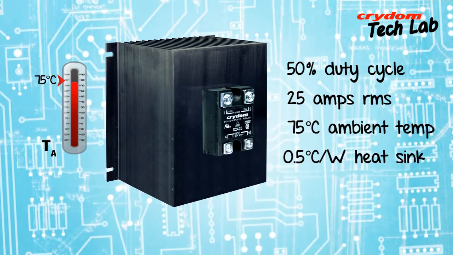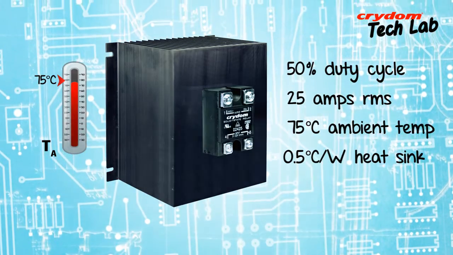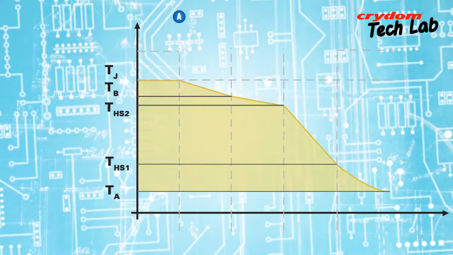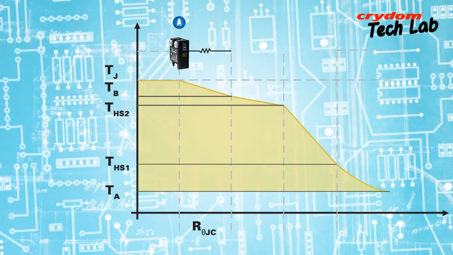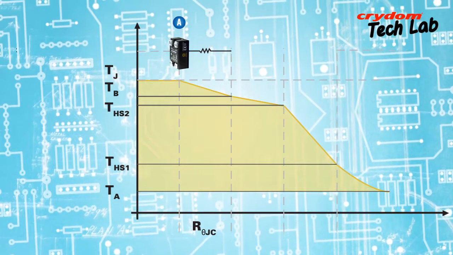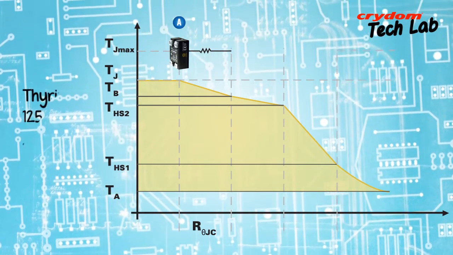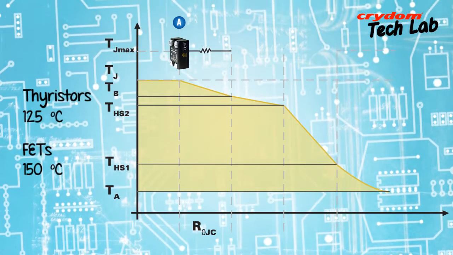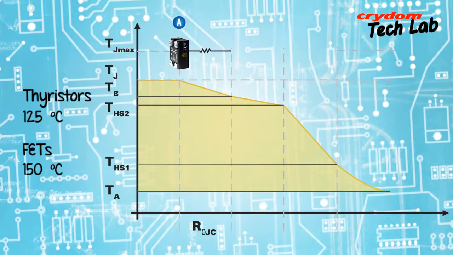The relationship between these parameters is demonstrated by the following model, where on the chart A is the selected SSR with specified thermal impedance, forward voltage drop, and maximum allowed internal operating temperature, where TJ max is approximately 125 degrees C for thyristors and 150 degrees C for FETs.